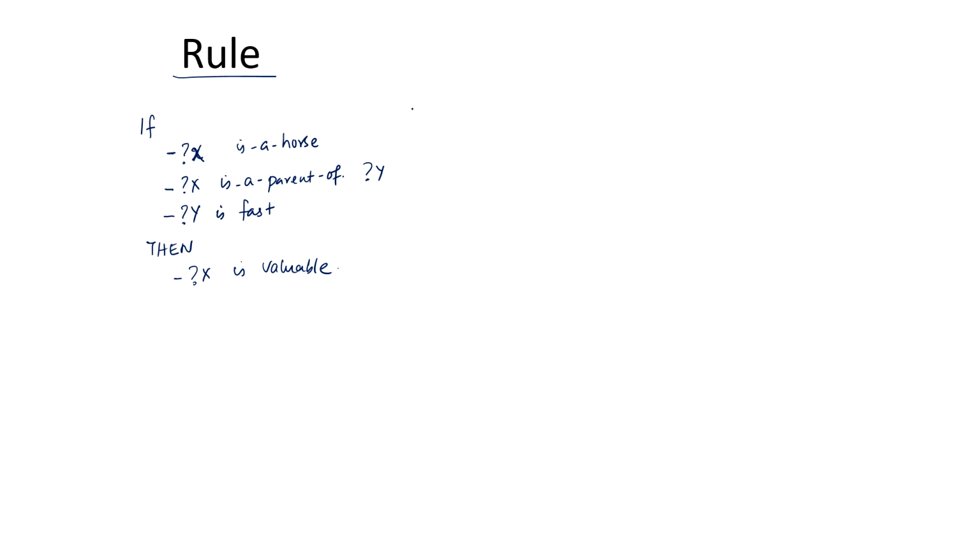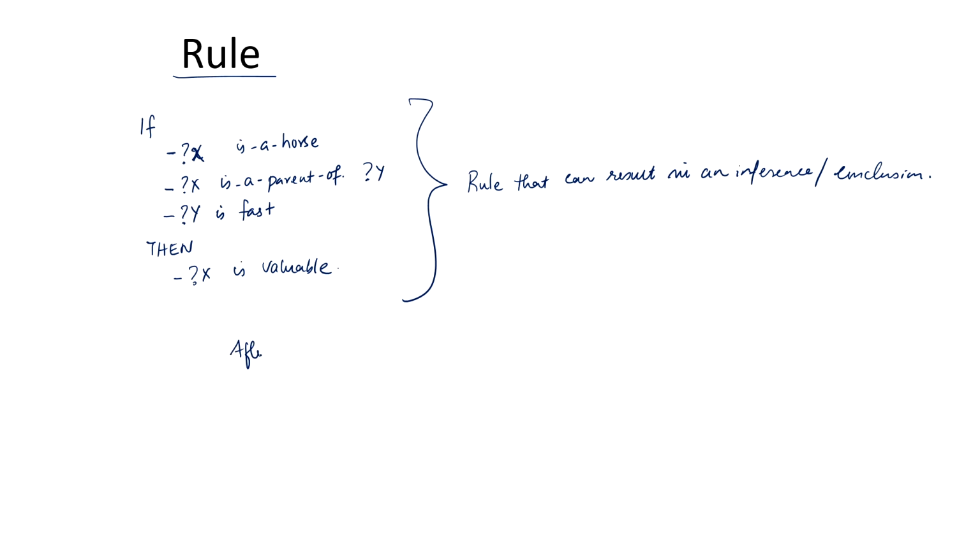We can think of this as a rule that can result in an inference or conclusion. So what is the first thing to do after defining the rule?